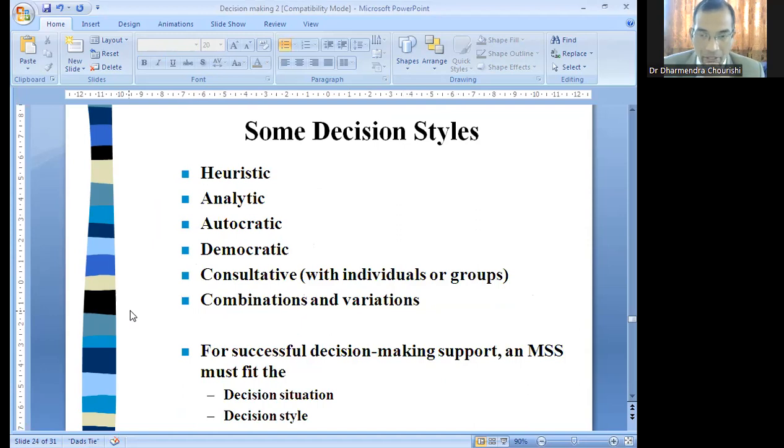Some decision making styles are in the book as well: heuristic, analytical, autocratic, democratic, consultative, and a combination of different styles. As per situation, condition, and circumstances, we can go for a particular approach.